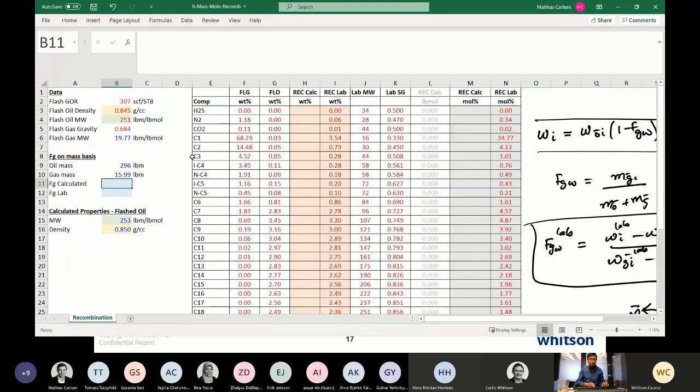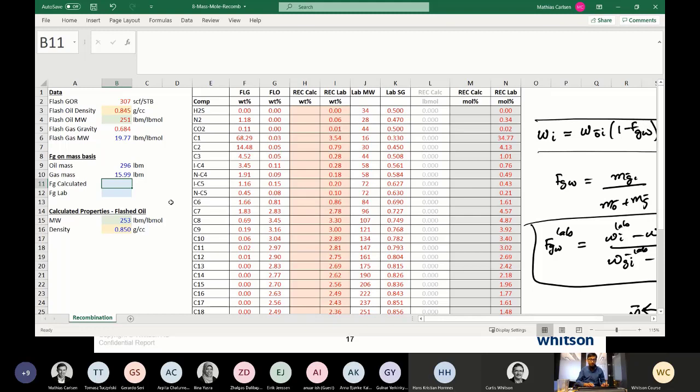And then we calculate the FG, that's the recombination ratio on a mass basis. That's FGW, so that's simply here, also shown here, the mass of the gas divided by the total mass. You can also use the equation that's given in the formula sheet.